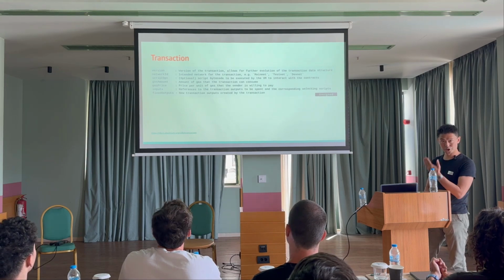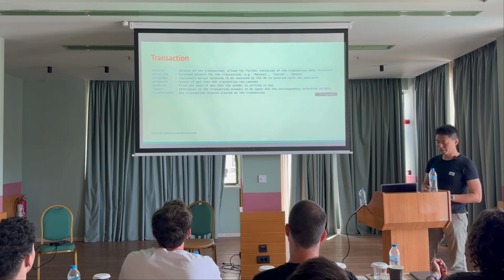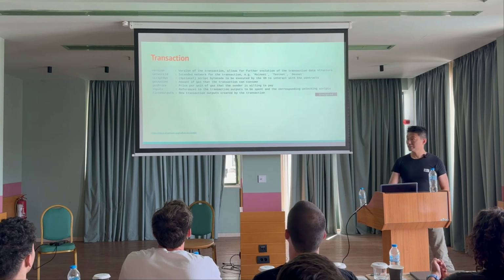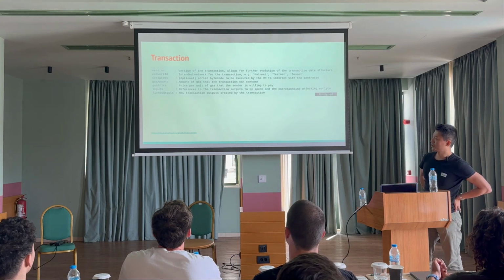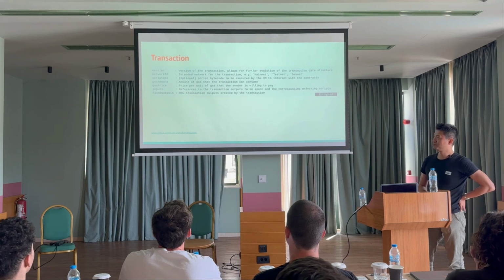It has a few fields. One is the version, which allows for future evolution of the data structure. You have a network ID, which right now has three values: mainnet, testnet, and devnet. You have gas related fields, which is quite common if you have a background in other chains.